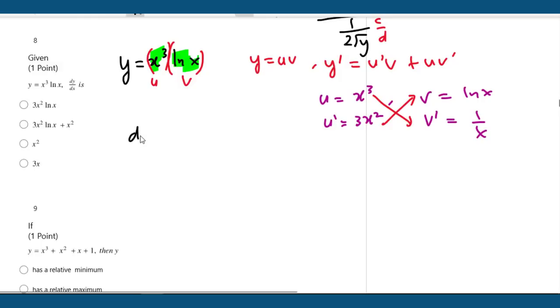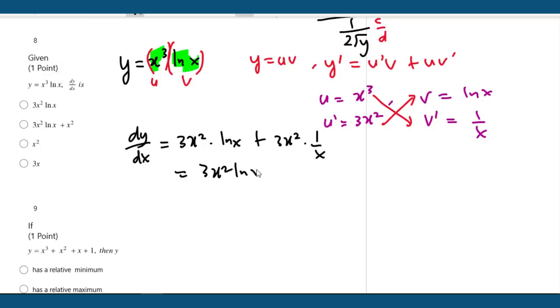So dy/dx is equal to 3x squared times ln x plus x cubed times 1 over x. Simplify: 3x squared ln x plus, cancelling, we get x squared. Okay, this is the answer.